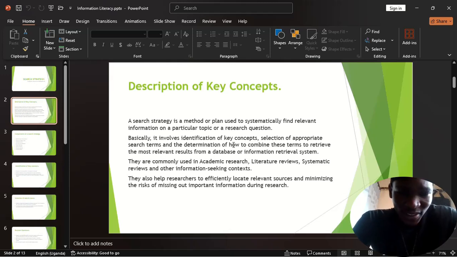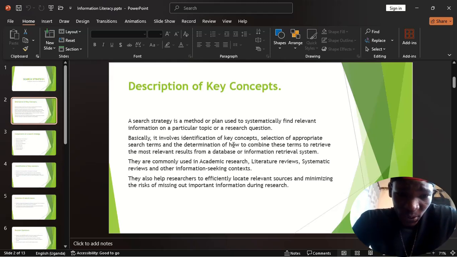Search strategies are commonly used in academic research, literature reviews, systematic reviews, and other information-seeking contexts.